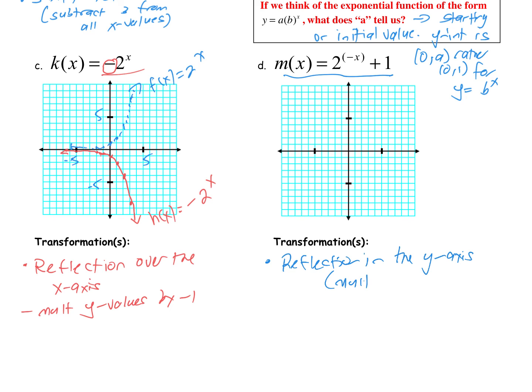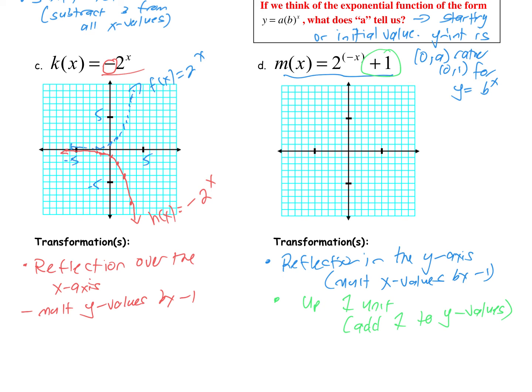So we're multiplying x values by -1. And the other thing that we have is this plus 1 outside of the function, and that is a shift up 1 unit. So that means we add 1 to y values.